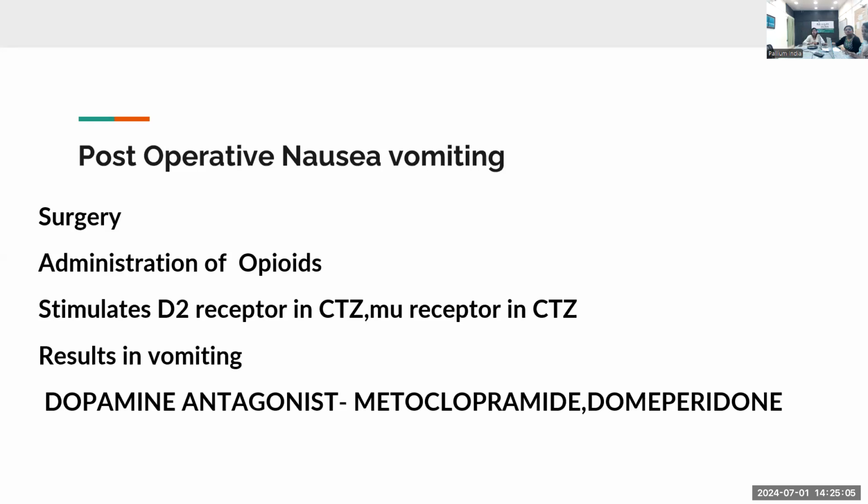So see here who is making the problem. The opioids will act on the D2 receptor and mu receptors. So it can result from the CTZ. The CTZ will send impulses to the vomiting center and thereby it can cause vomiting. So who do we have to block here? Dopamine antagonists are given.